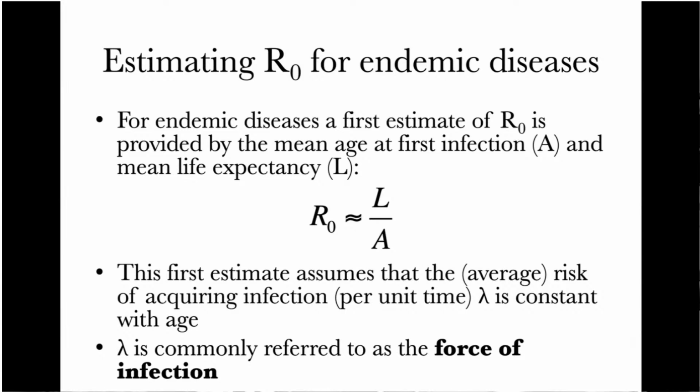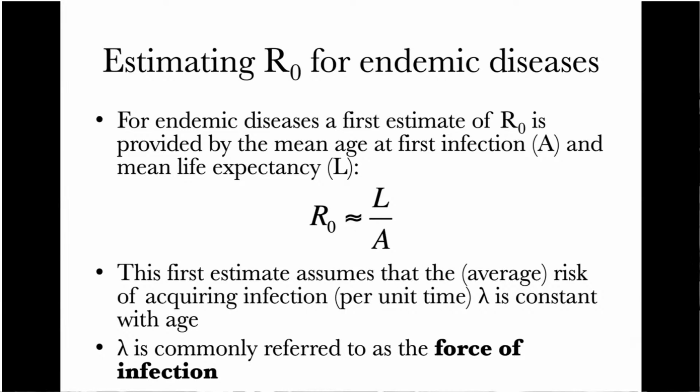The area under the curve here would be the total time spent in your lifetime, and the area under the curve under this section is the total amount of time spent susceptible.